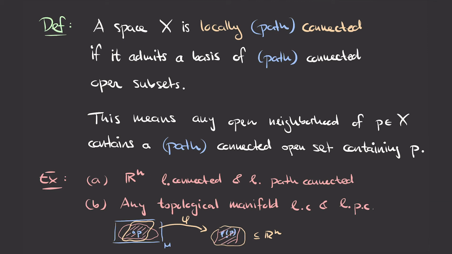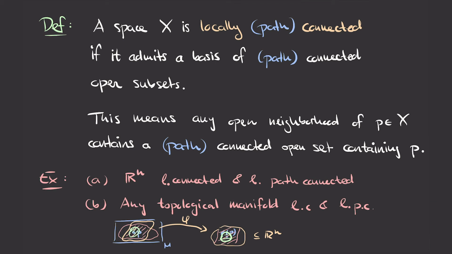Now, by the fact that Rn is locally connected and locally path connected, we can find a path connected open subset containing this point phi of P. And if we pull this subset back along the homeomorphism, this will give us a path-connected open subset that contains the point P and is also contained within the red neighborhood we chose to begin with.